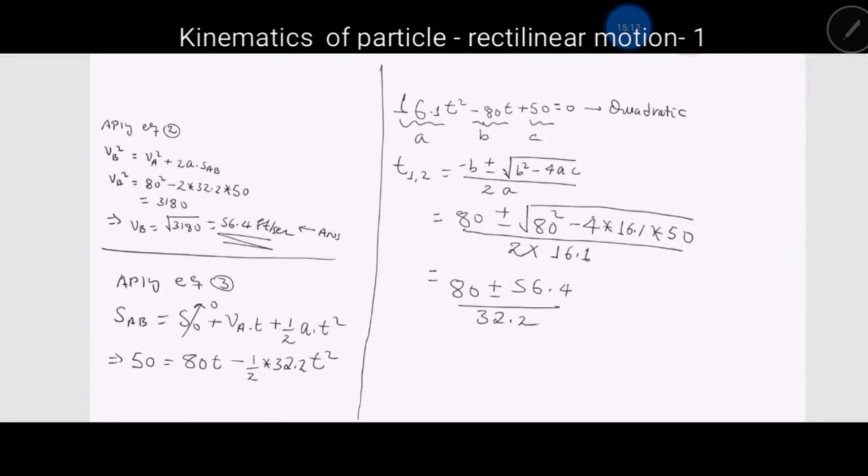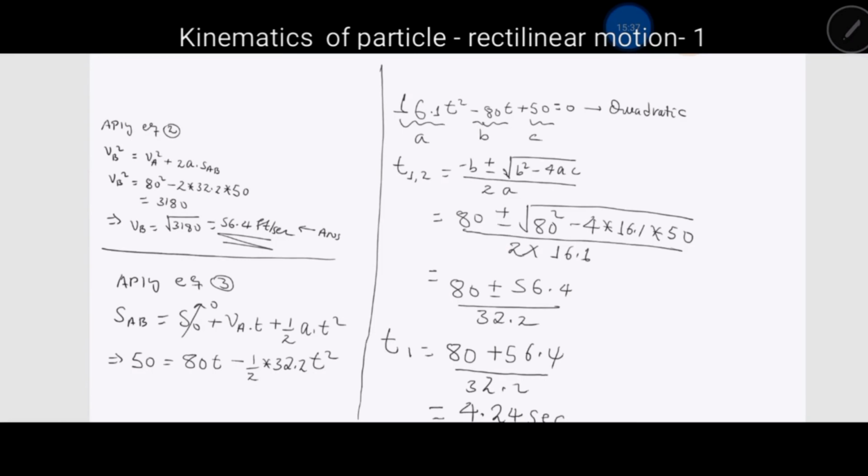Let's try the first time. The first time will be 80 plus 56.4 over 32.2, so it will become 4.24 seconds. And then the next time will be 80 minus 56.4 over 32.2. It will be 0.73 seconds.